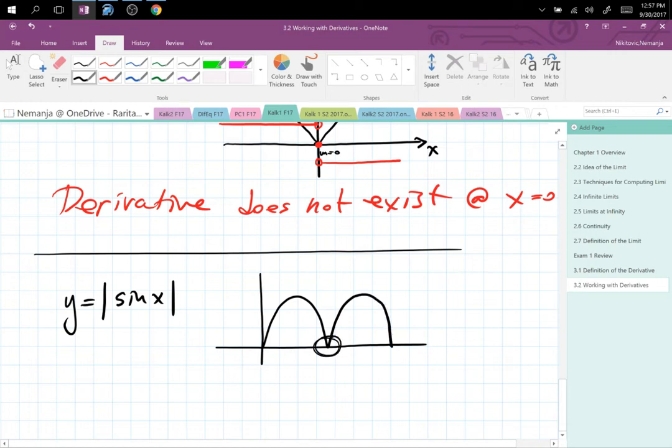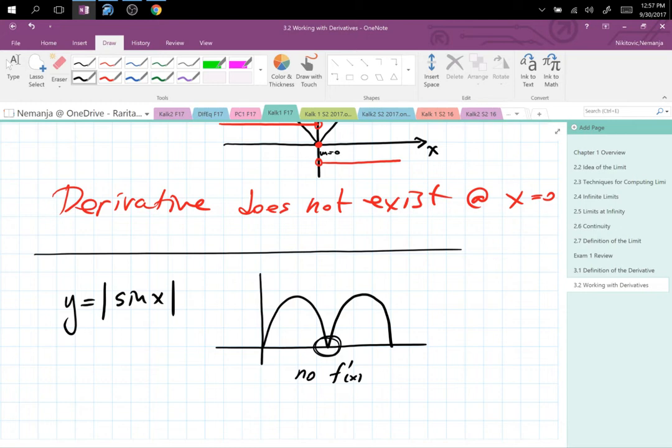See this part over here? No derivative there, at that point. Because this is going to be a vertical tangent there.